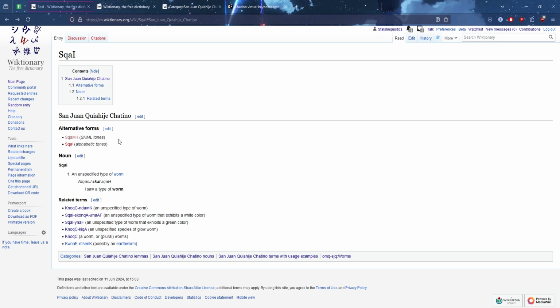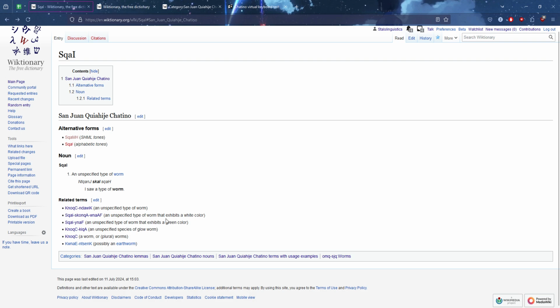And below the alternative forms, we have the noun. So this just states the word again. And this is the first definition that we have of this word. So unfortunately, it doesn't have any specific genus. However, there are other words, I believe, that have the specific genus.